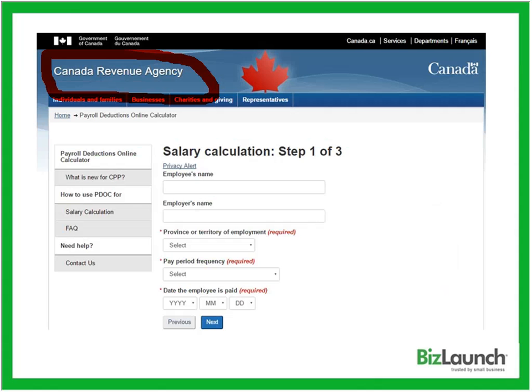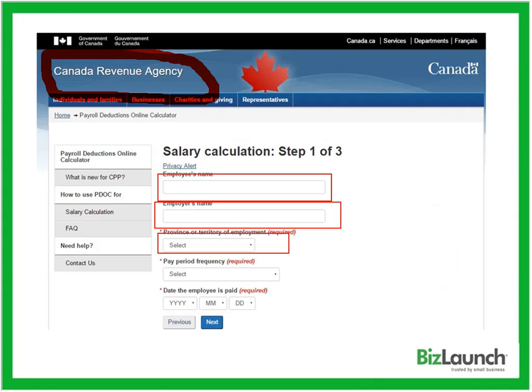That's the first thing, employee's name. You put in the employer's name. You put in the province you're in. You put in the pay period, if you pay monthly or bi-weekly, whatever it is. You put in the date, and it'll calculate how much CPP you're going to pay. It'll calculate how much EI you're going to pay, and it'll calculate how much income tax you're going to deduct from the salary. Okay?